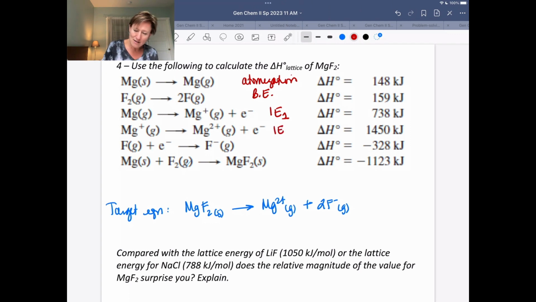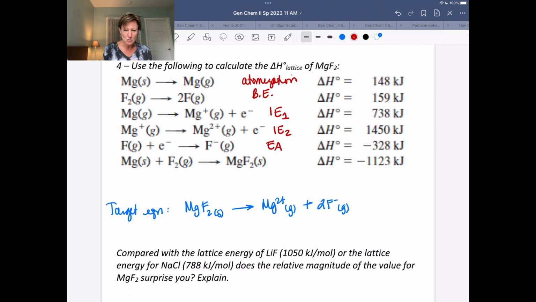Now, because I have a divalent cation, I'm going to have 2 ionization energies. And now I'm starting to see things that appear in my target equation. I've got fluorine gas plus an electron makes fluoride ions in the gas. So this is my electron affinity. I want you to be able to label these and so forth.